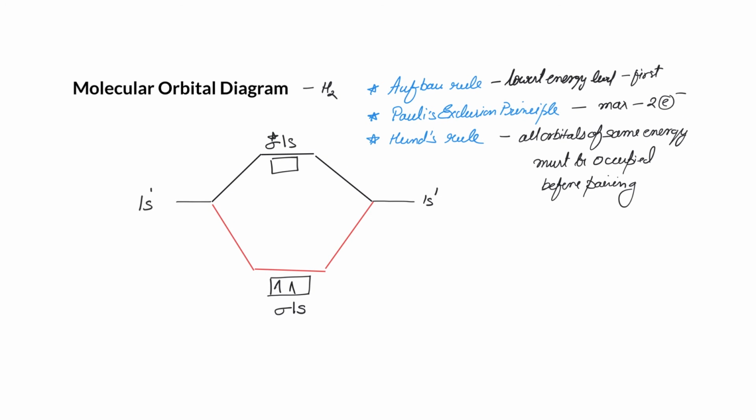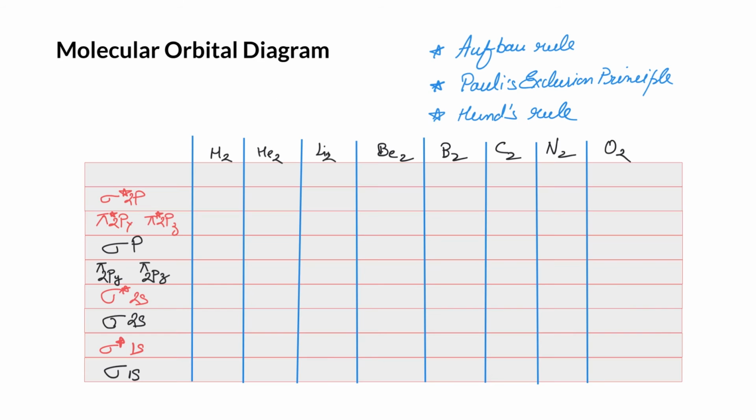Now, you can use the same basic stem to draw other molecules. What I am going to do is, let's try to pull in the electrons together in tabular format. So here I have written a few diatomic species starting from hydrogen till oxygen, and what we'll do is we'll fill the electrons by using the three principles we just talked about: Aufbau, Pauli and Hund's.